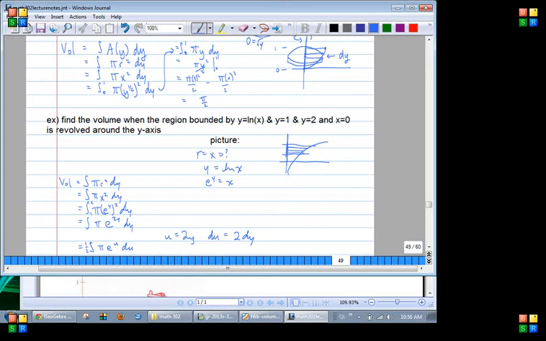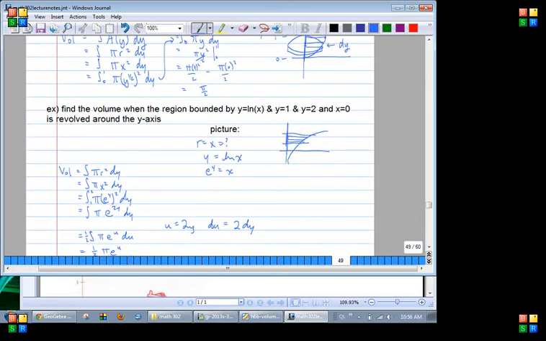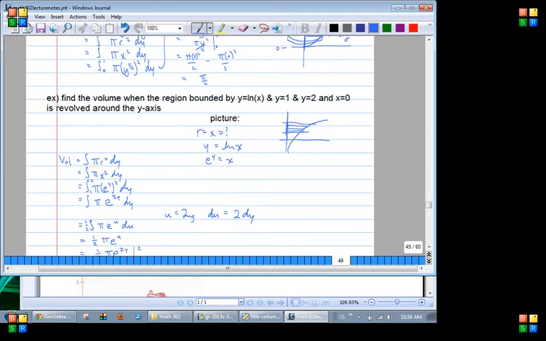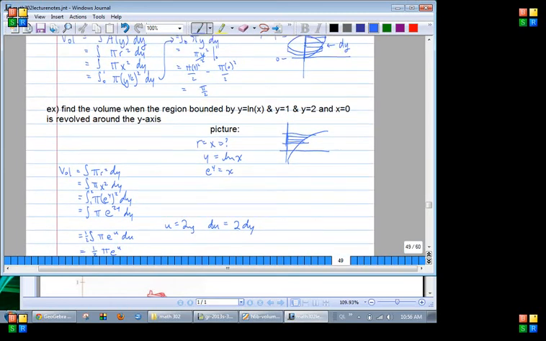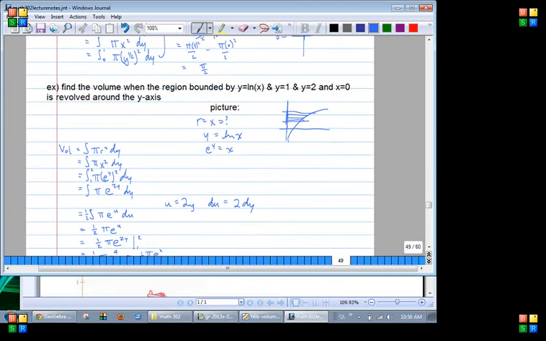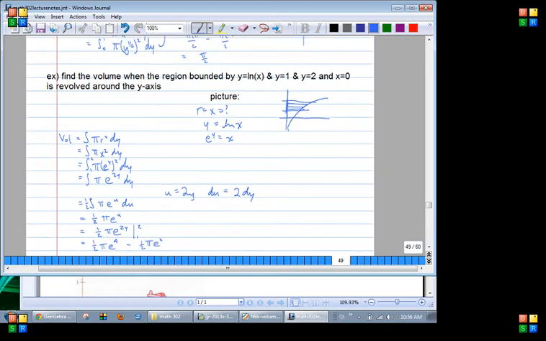So this integral, you guys know how to do. So you just get e to the u, and now we have to go back into y. So it's half pi e to the 2y, evaluated from 1 to 2. So just plug it in, you get that.